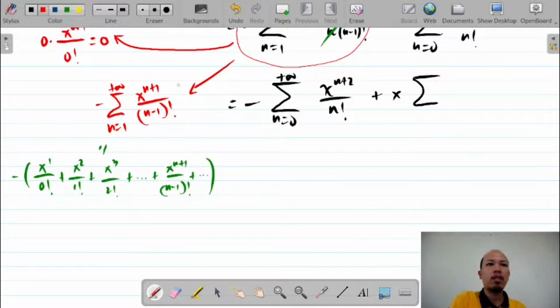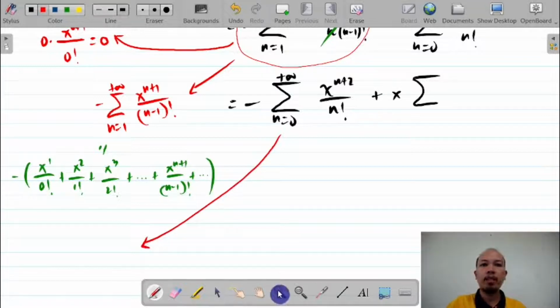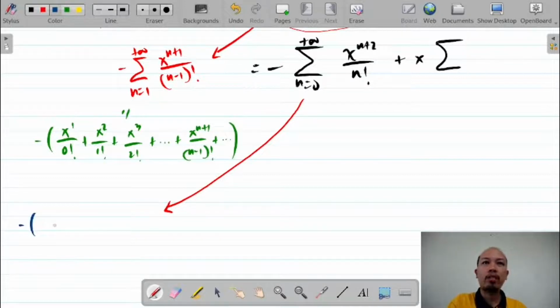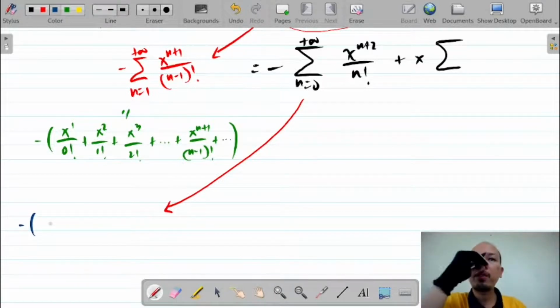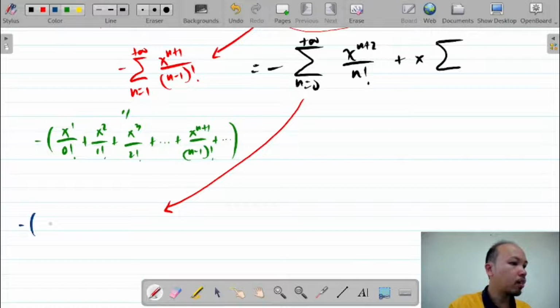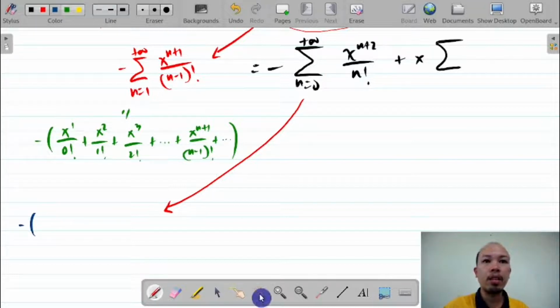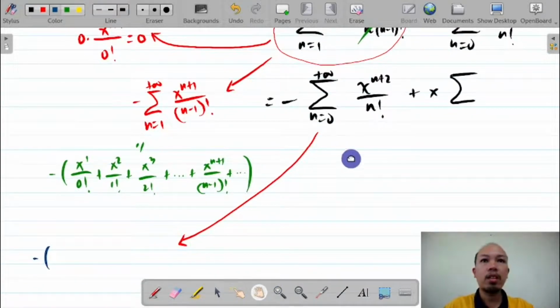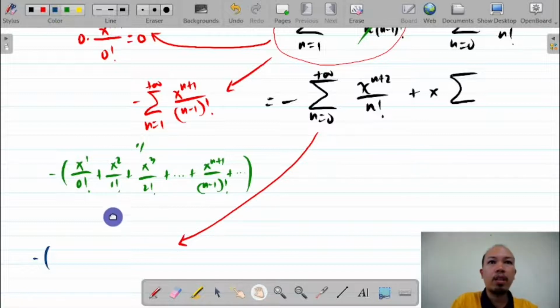How about this one? If we expand that one, this is minus, when n is equal to 1, x to the n plus 1 over n minus 1 factorial, so it starts at 0 factorial.